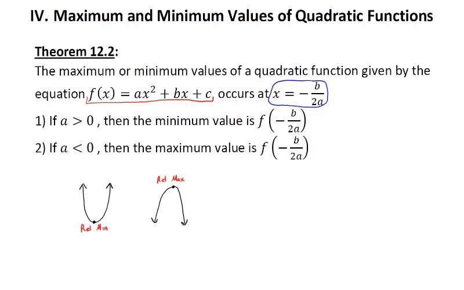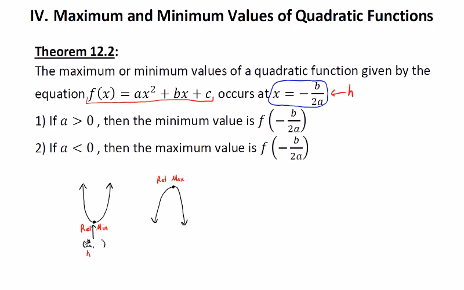So what this is saying is that you have that vertex point, and that the vertex point is going to have some x value, and that x value is going to be negative b over 2a, which is what we traditionally will call the h value. So negative b over 2a is a way of calculating h.